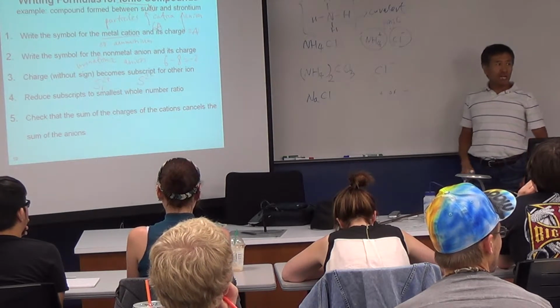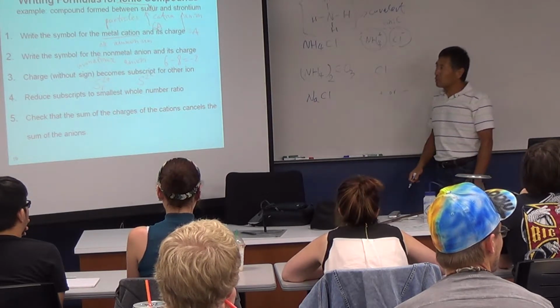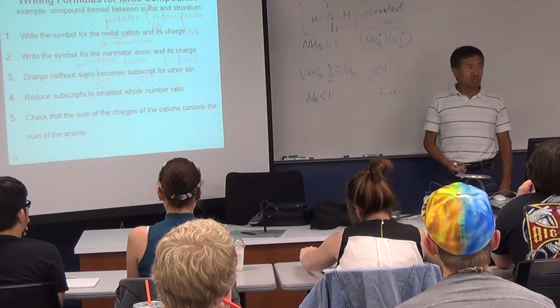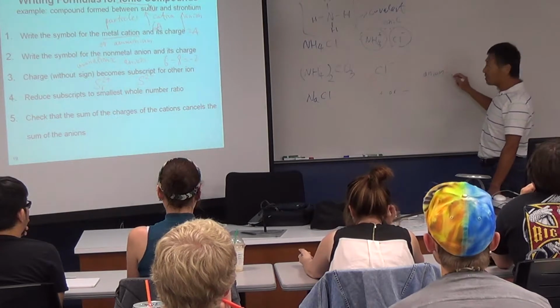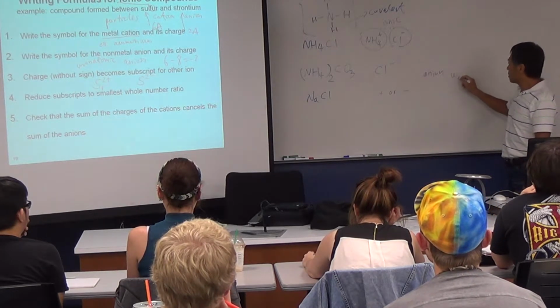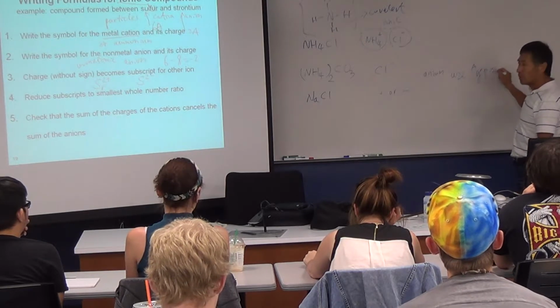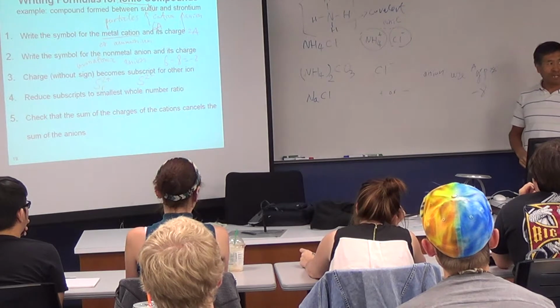Okay? Now negative how much? What pattern do you use? You use the group number or the group number minus 8. So the anion, right? You use the A group number, right? Minus 8. So how much negative?